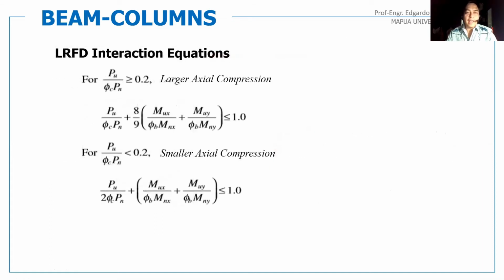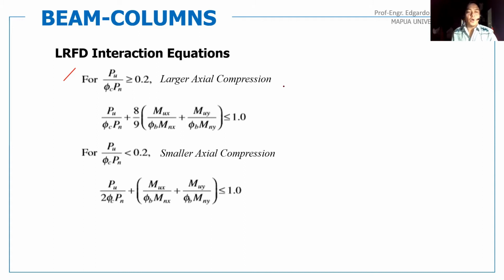We have the LRFD interaction equations that we need to follow, and we have two cases. Number one is if the ratio Pu over phi Pn is greater than or equal to 20%, so the member is considered as experiencing larger axial compression, meaning the member is more of a compression member.